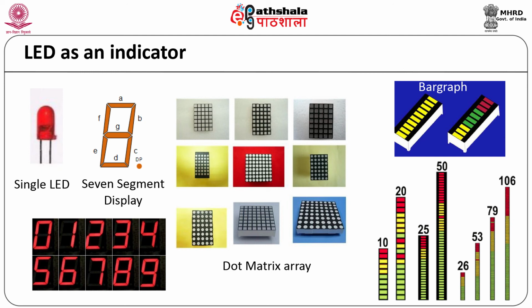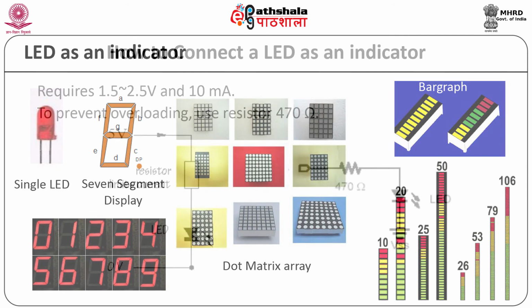Here you can see application areas of bar graphs. You can see different bar graphs, first with 10 LEDs, 20 LEDs, 25 LEDs, 50 LEDs and so on. Using such different numbers of LEDs, they can be used for graphic displays.